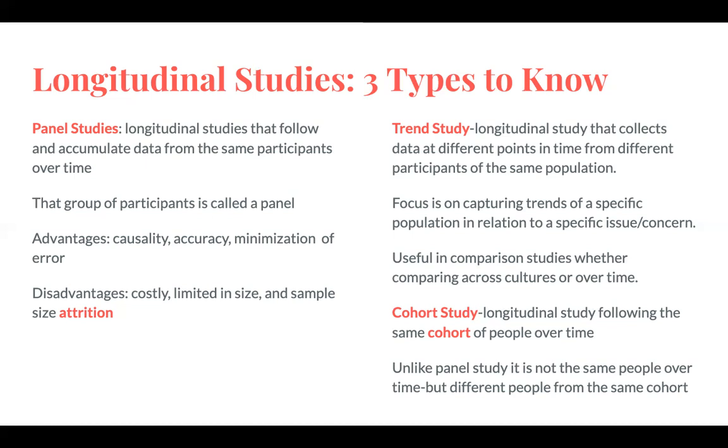The birth years are mid to late 1990s up until the early 2010s. So that's my cohort. I'm not talking to the same people, but every 4 years, 5 years, let's say I talk to a different group of people who are part of Gen Z, meaning they were born during that time period. So it's very similar, and it's more similar to the trend study than to the panel study.